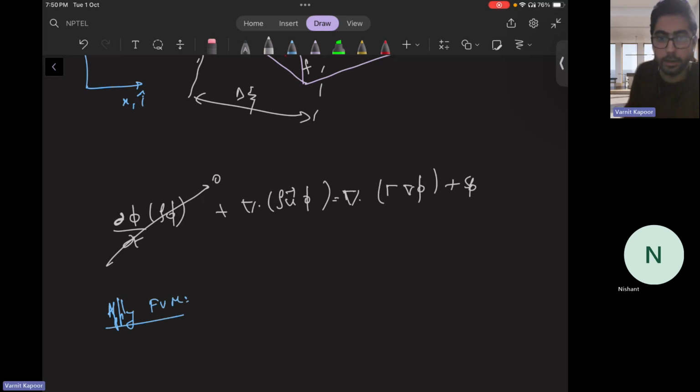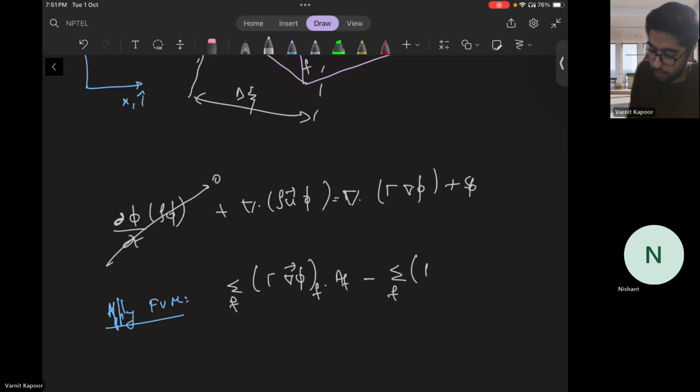What will you get here? So it will be summation over faces. The diffusion term will look like this: gamma grad phi dot A_f. The convection term will look like this: rho u phi dot A_f, plus source term.